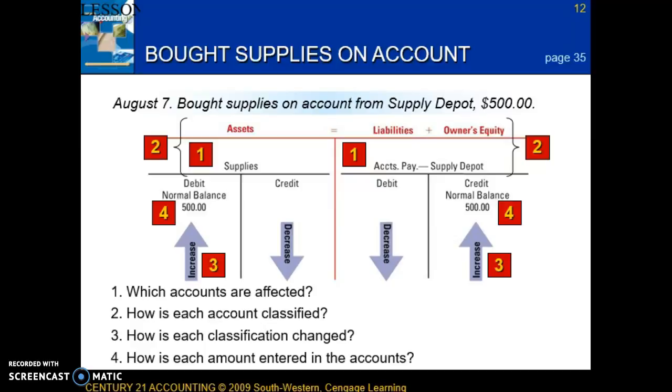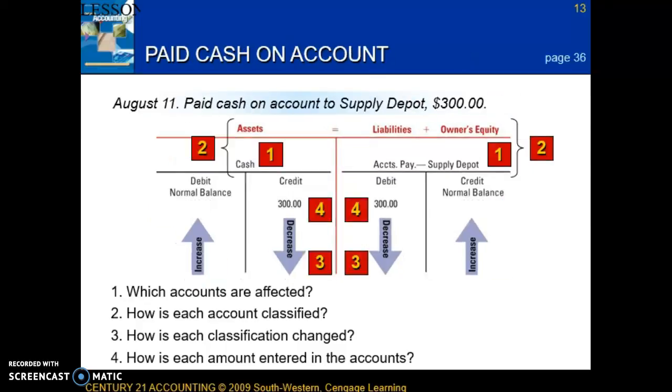So those are the two accounts that are affected. Supplies are assets. Accounts payable, that is a liability. How is each classification change? If we bought supplies, they're going to increase, which means it's going to be a debit. And the amount we owe Supply Depot is going to increase, so they're going to receive a credit of $500.